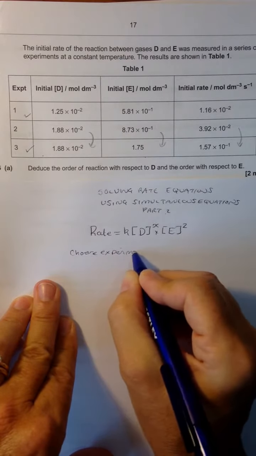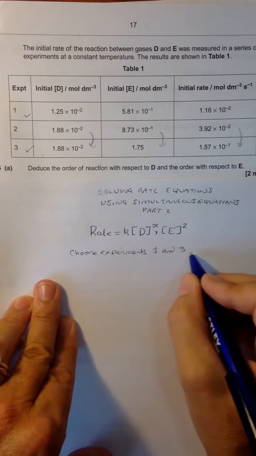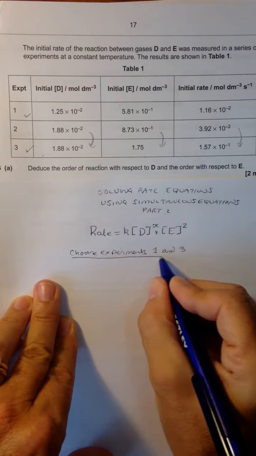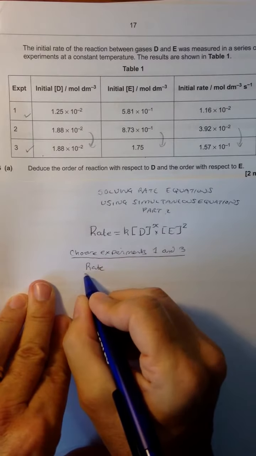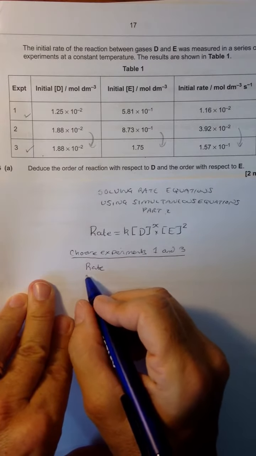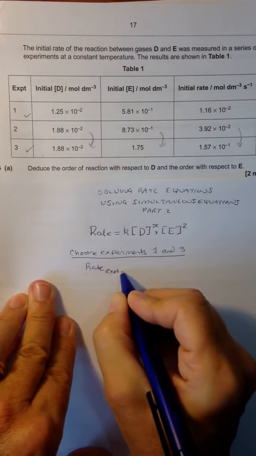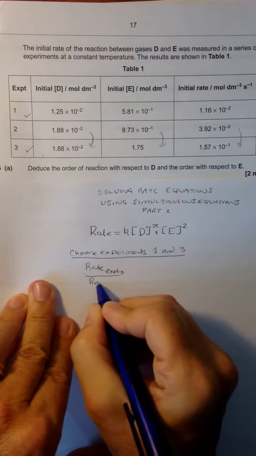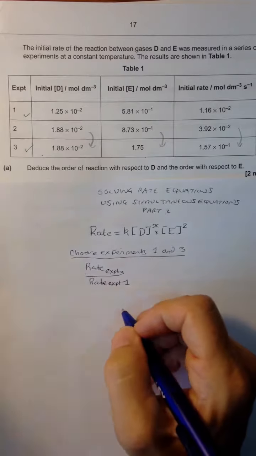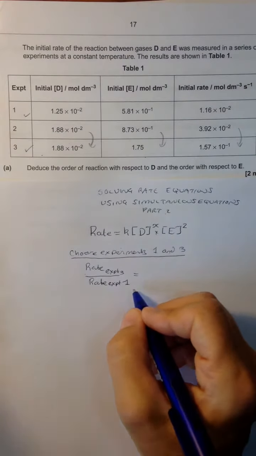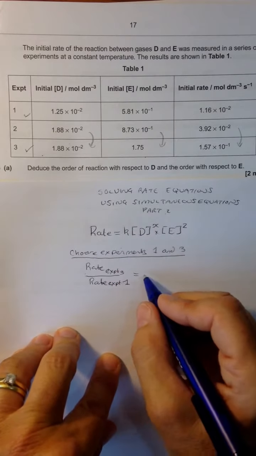So let's choose experiments 1 and 3 to compare. So again, using our simultaneous equation, let's choose the faster rate to go on the top just to make our lives simpler. So that's the rate in experiment 3 divided by the rate in experiment 1 is equal to the concentration of D. Remember, the rate constant cancels out.